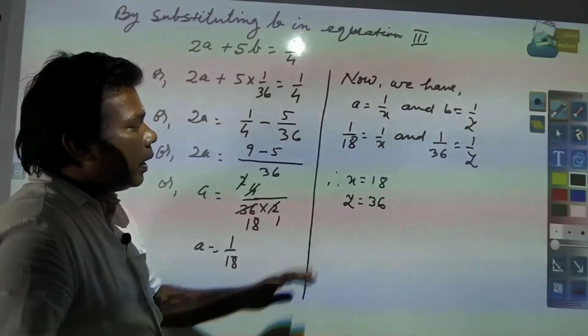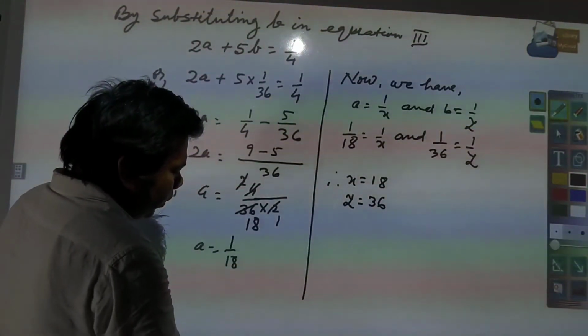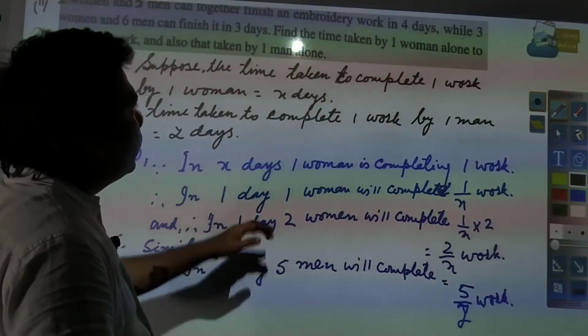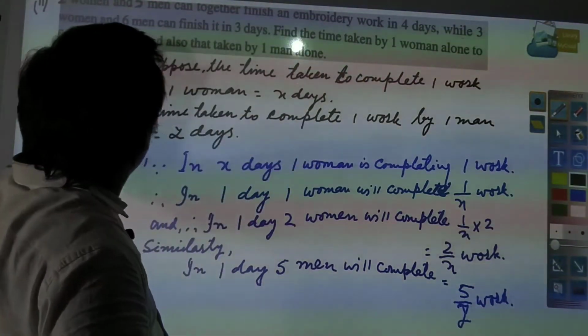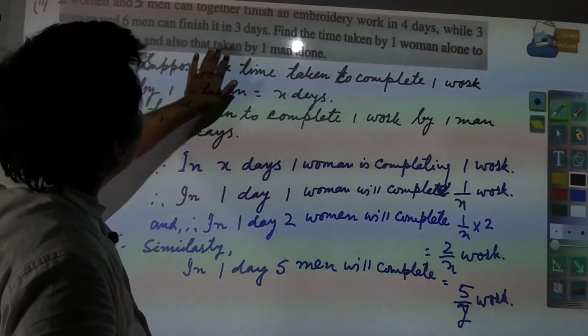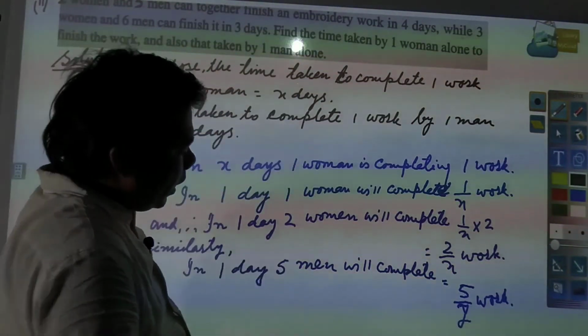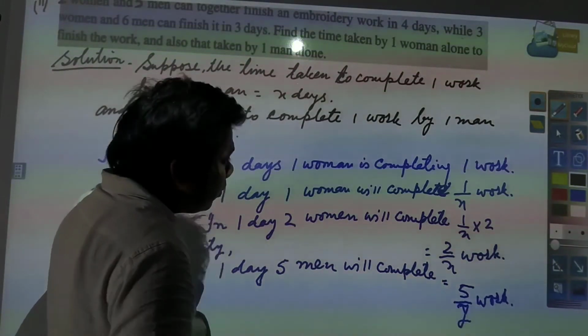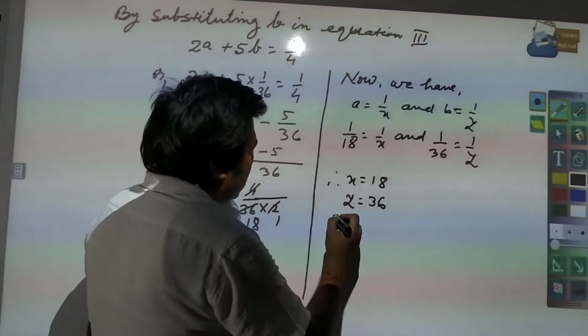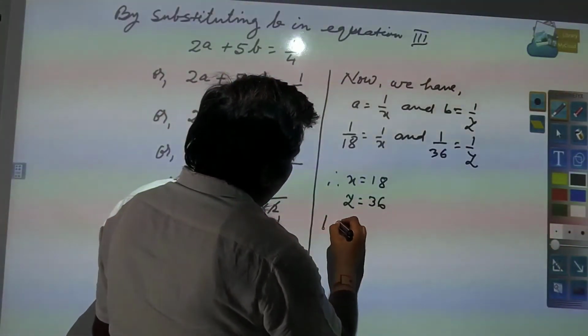It means what answer you had to write. Here you see, find the time taken by one woman alone to finish the work and also that taken by one man alone. So how you will write the answer?